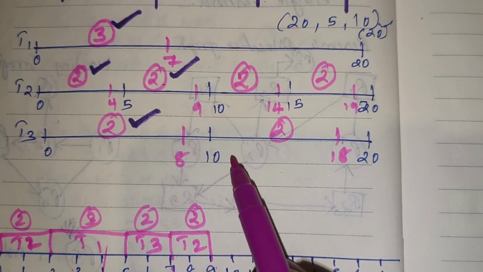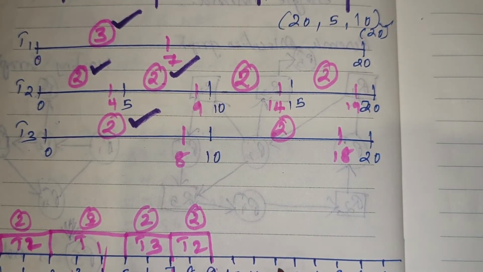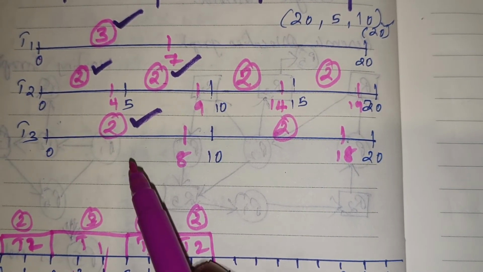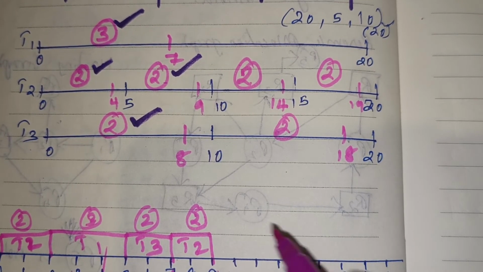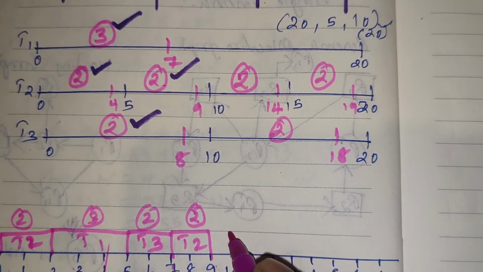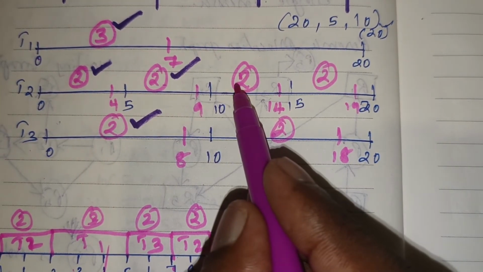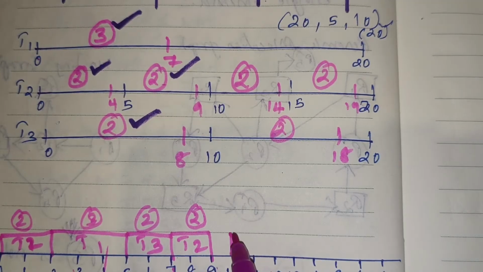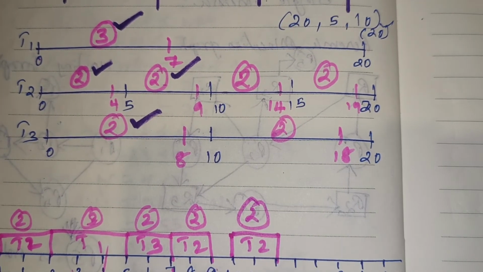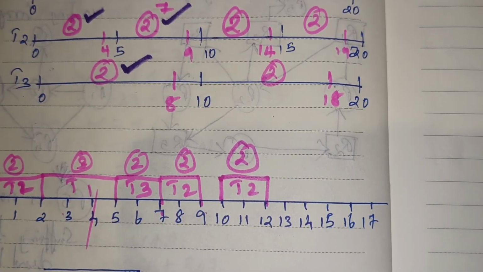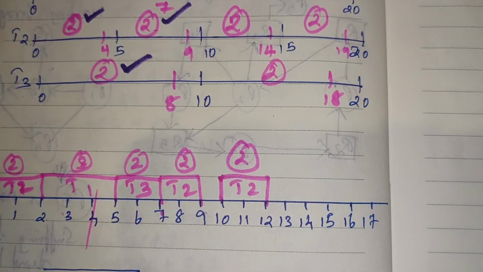Again, it starts at 10. So now which process is executing here? T2, not T3. That is the one particular point you need to understand. So we have a gap here between 9 to 10. Again, T2 is taking here and it is running for capacity of 2. Right? So this is how T2 enters based on the earliest deadline.